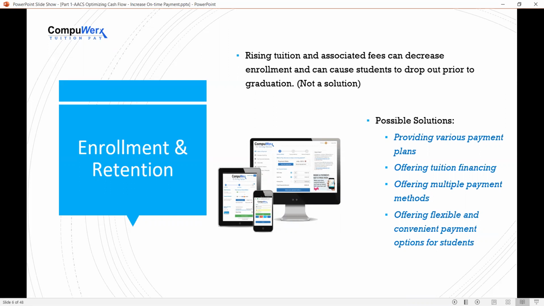It gives people various ways to make payments on a monthly basis, bi-monthly basis, or even a weekly basis if needed. Offer tuition financing, offer multiple payment methods. So instead of just accepting check payments, you could accept credit card payments, debit card payments, all kinds of payment forms. Offer flexible and convenient payment options for your students.